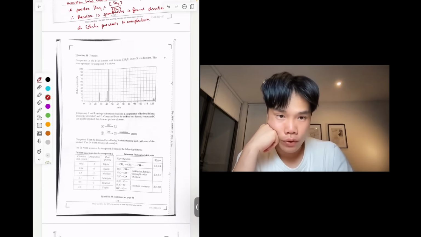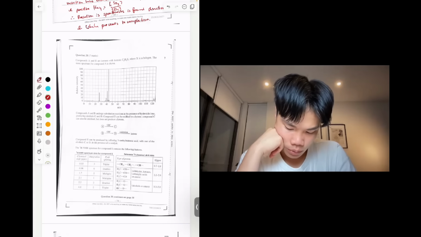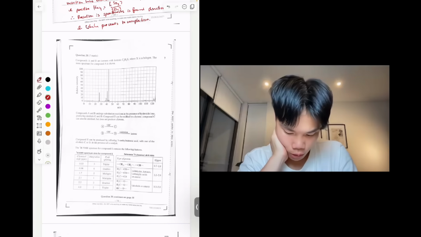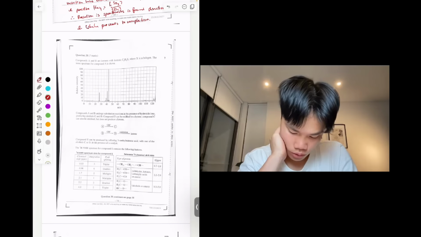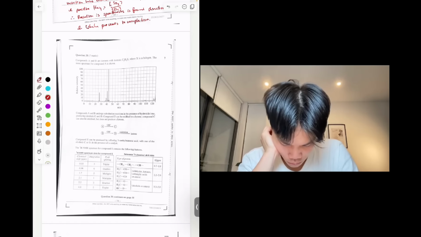Okay, 38, you have compounds A and B that are isomers with C3H7X, where X is a halogen. The mass spectrum for compound A is shown. Compounds A and B undergo substitution reaction in the presence of hydroxide ions producing alcohols C and D. Compound D can be oxidized to a ketone. Compound C can also be oxidized but does not produce a ketone.